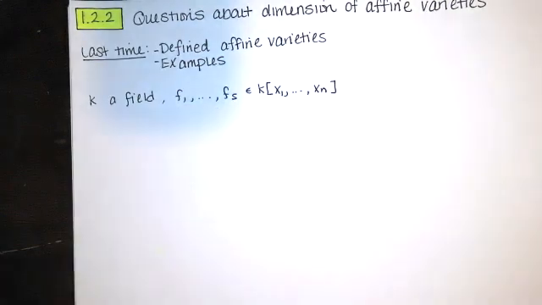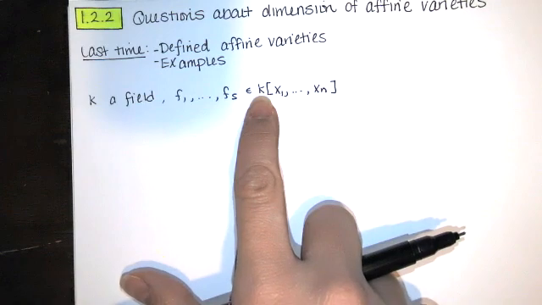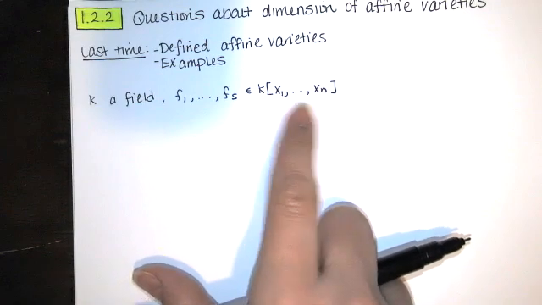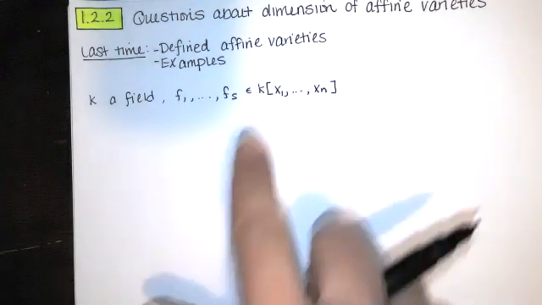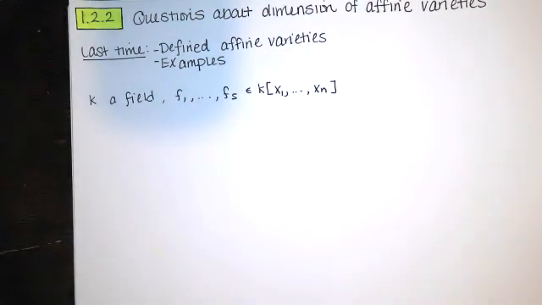So basically these are just sums or differences of a scalar from the field K multiplied by x's, or different variables x sub 1 through x sub n, raised to some power. And those powers are 0 or some positive integer. So it's just like a traditional polynomial.